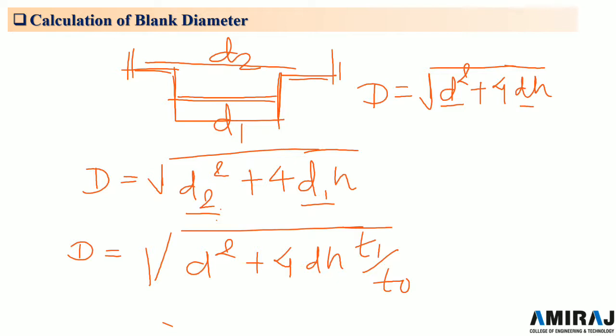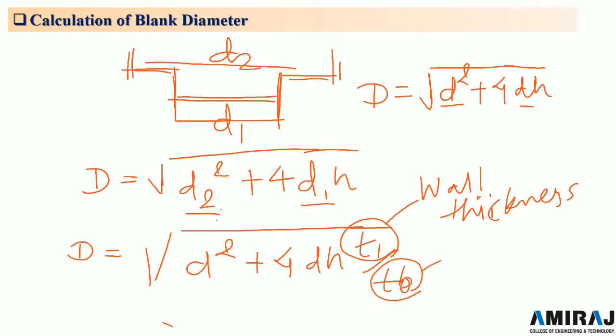The blank size calculated is given by this equation, and t1 is the wall thickness. This one is the wall thickness, and here it is tb, which is the bottom thickness.